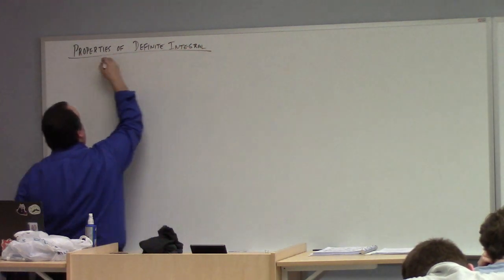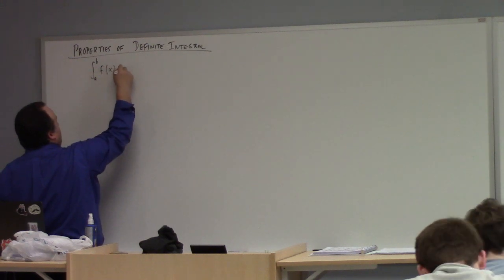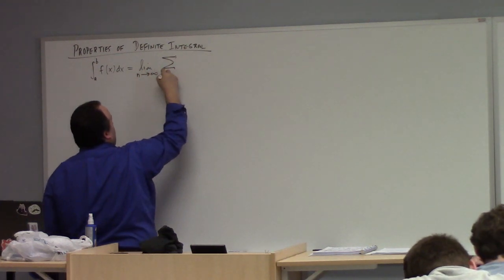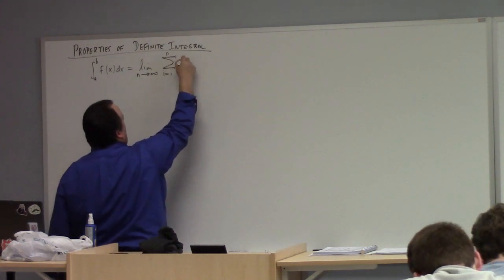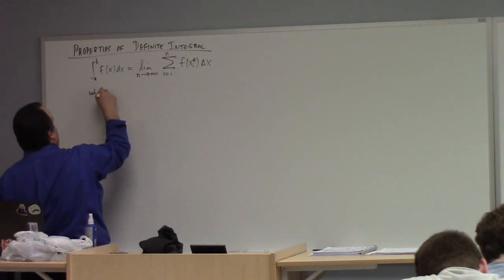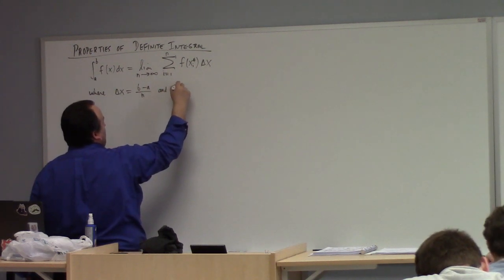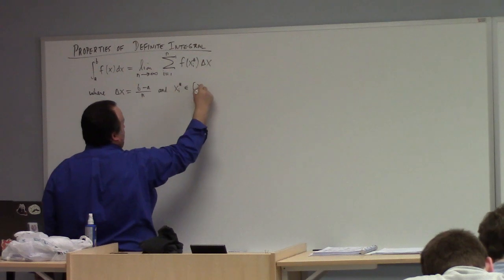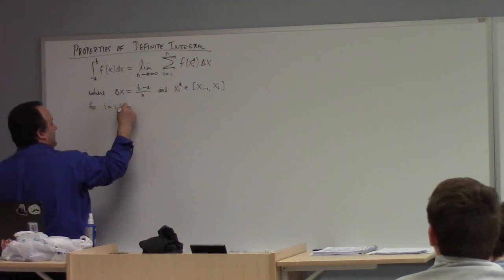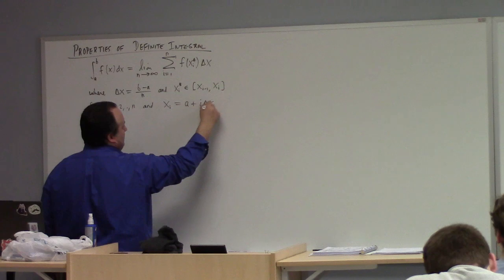Just a reminder, the integral from a to b of f of x dx is defined to be the limit as n goes to infinity of the summation, i equals 1 to n, of f of x sub i star delta x, where delta x is (b minus a) over n, and x sub i star is an element of the subinterval x sub i minus 1 to x sub i, for i equals 1 all the way out to n, and x sub i itself is defined to be a plus i delta x.